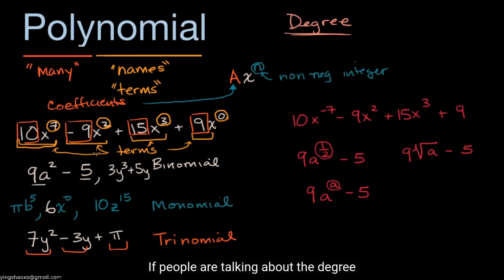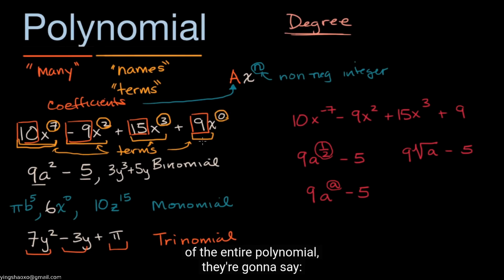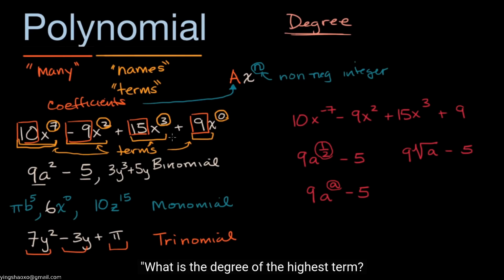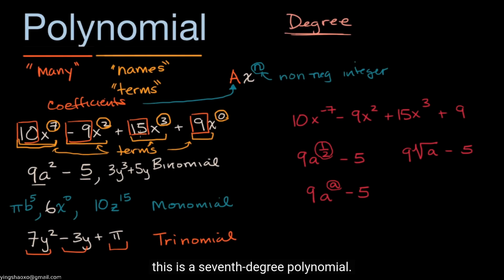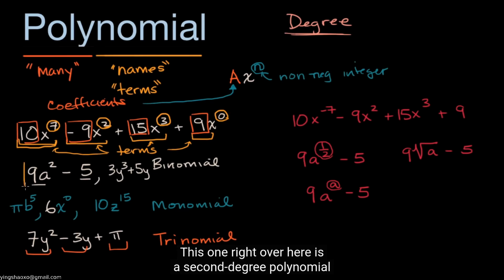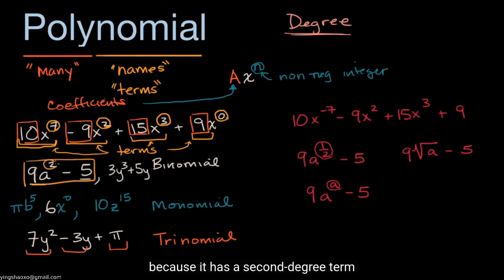Now, if people are talking about the degree of the entire polynomial, they're going to say, well, what is the degree of the highest term? Or what is the term with the highest degree? That degree will be the degree of the entire polynomial. So this first polynomial, this is a 7th degree polynomial. This one right over here is a 2nd degree polynomial because it has a 2nd degree term, and that's the highest degree term.